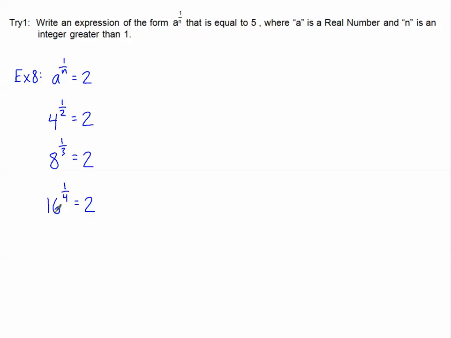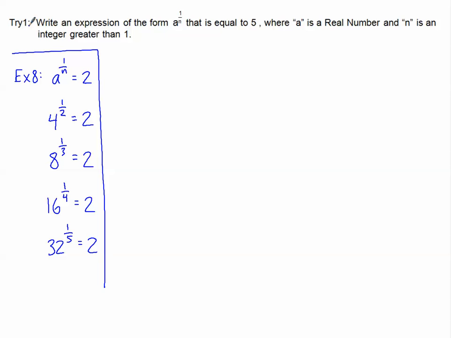And I could just keep going up my powers chart, to 32 to the 1/5. This represents the fifth root of 32, and that's equal to 2. I could come up with a bunch of different expressions that fit this form that are equal to 2. So let's call that example 8.